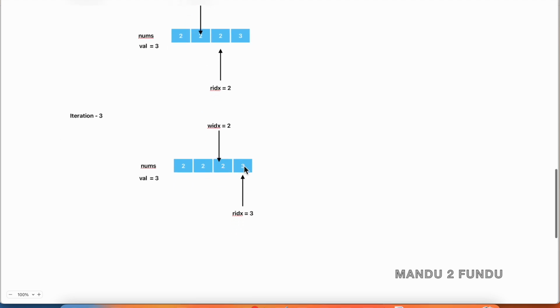Here we compare the fourth element with the val, which is matching. So we simply advance the read pointer. So we are reaching the end of the array. Then at the end, we return the write index 2. So the value 2 indicates the number of elements from the beginning of the current array which do not match the value 3.